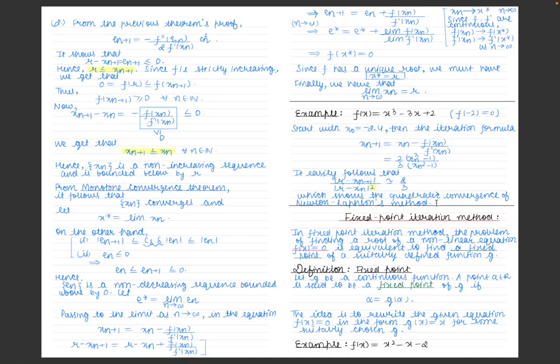A point alpha in R is said to be a fixed point of g if alpha is the same as g of alpha.